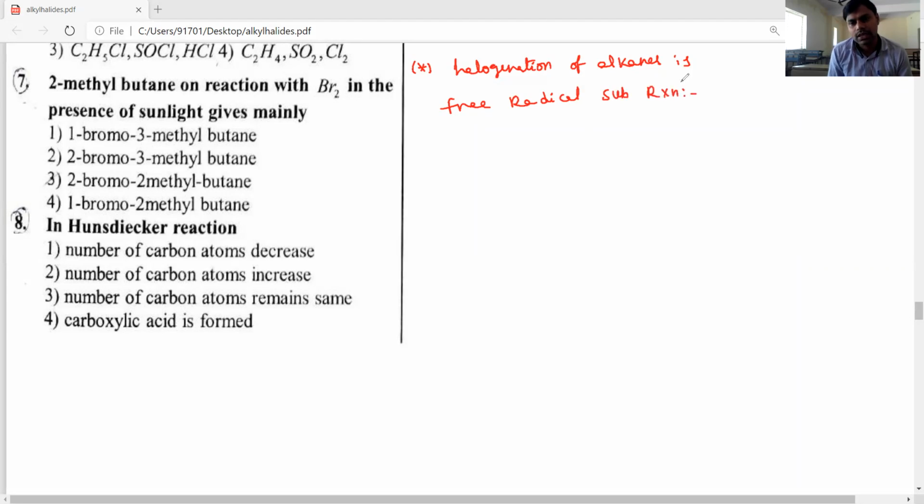Okay, students, see here the intermediates. What intermediate will form? Free radical intermediates will form.